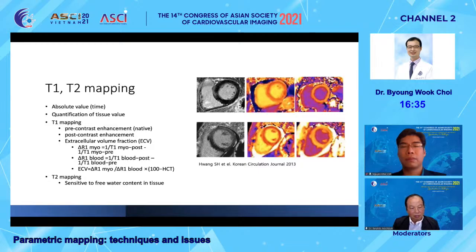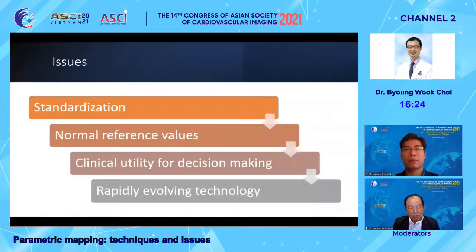Research is actively ongoing about myocardial tissue mapping with or without contrast enhancement regarding early diagnosis and the prognostic value. Parametric mapping is widely accepted as an excellent tool for non-invasive myocardial tissue characterization.